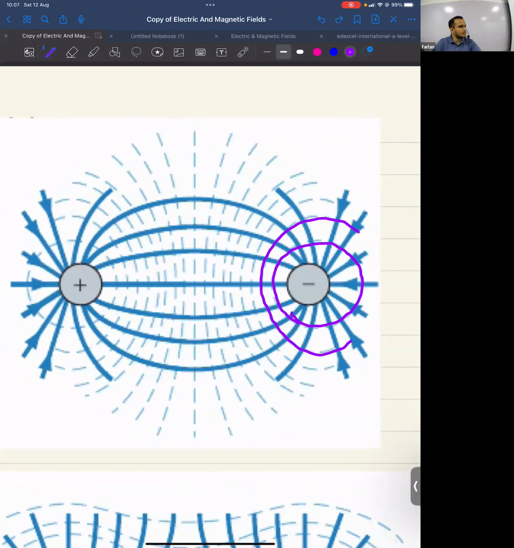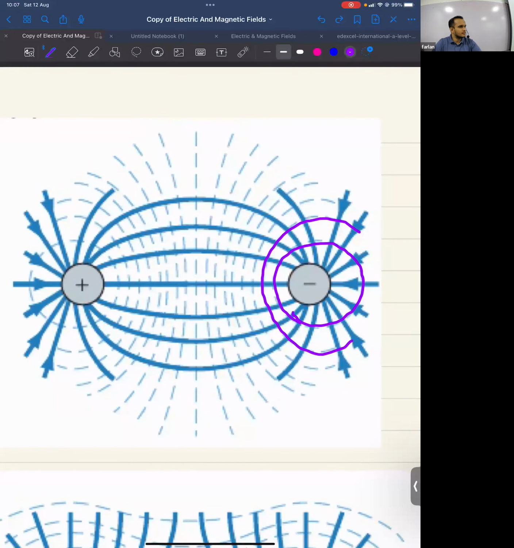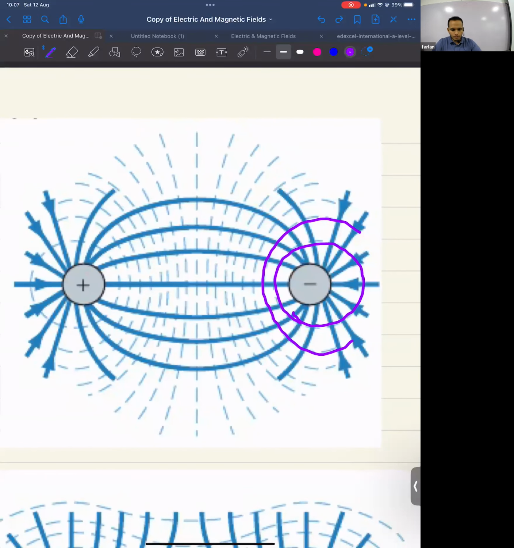Do you want me to draw it, or can you copy from this?